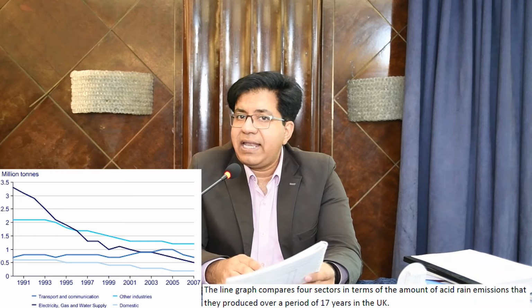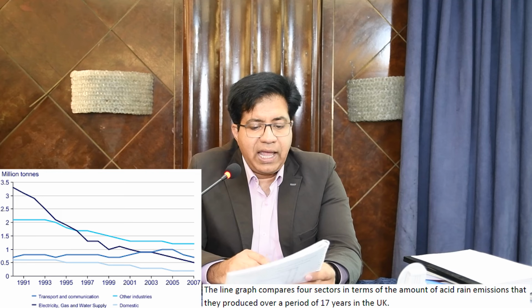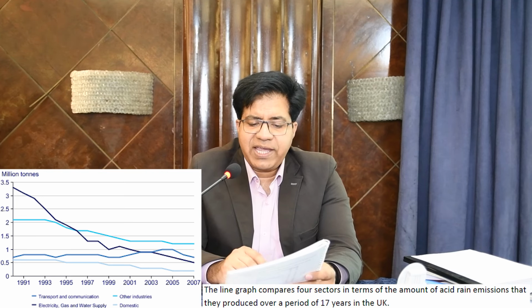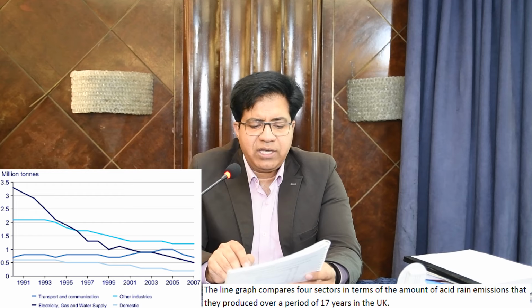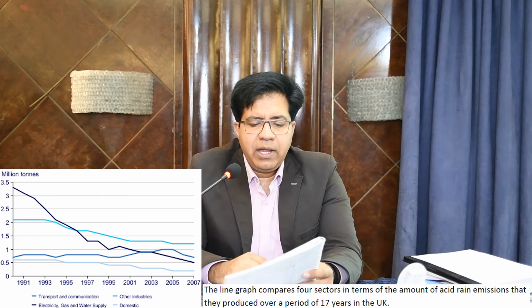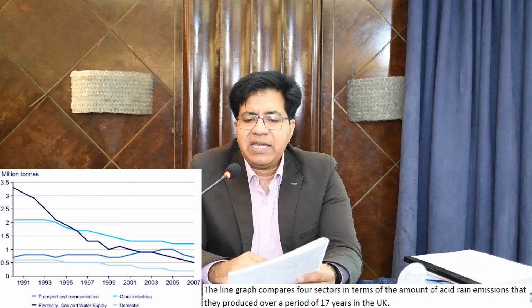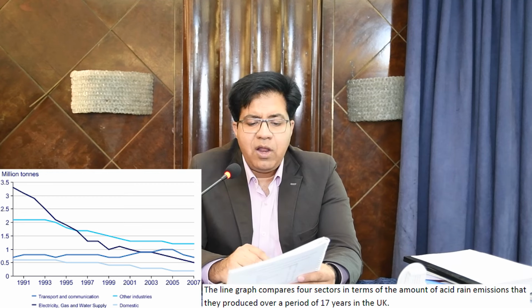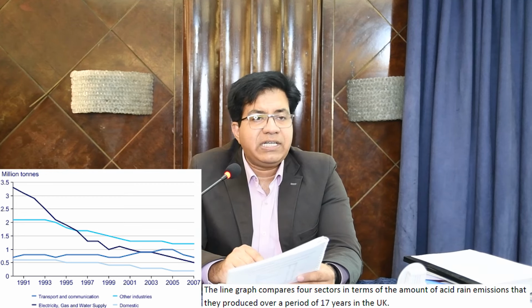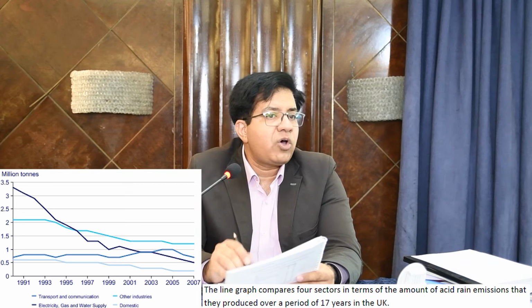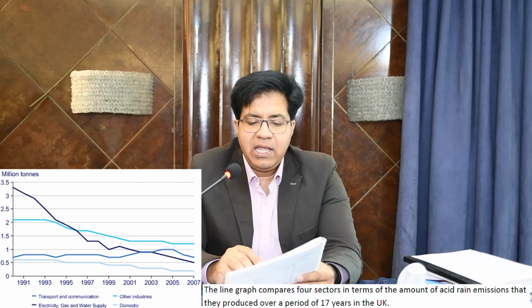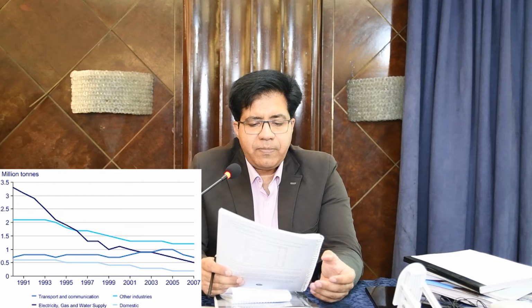So, as this is a line graph, you will write: the line graph compares 4 sectors in terms of the amount of acid rain emission that they produced between 1990 and 2007, over a period of 17 years in the UK. This is called rewording or paraphrasing, and this is the introduction of your report.